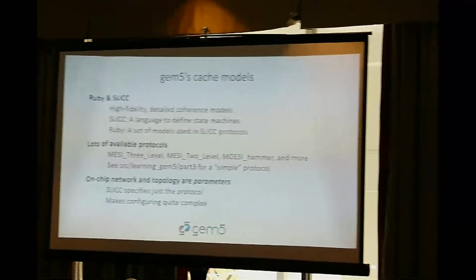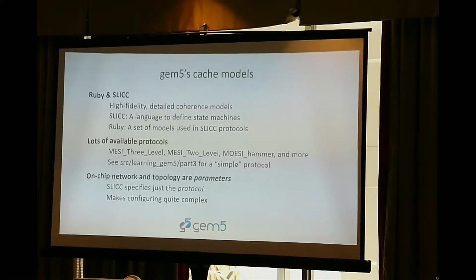So this models very detailed cache coherence protocols. In fact, it can model many different kinds of protocols. It is actually a complete domain-specific language for specifying state machines for caches. And so you can write your own coherence protocols in this as well. So SLICC is our language, and then Ruby is all the models that SLICC uses to model like the data store, the tags, etc. We have lots of different protocols available.